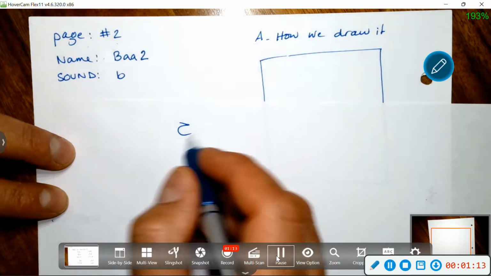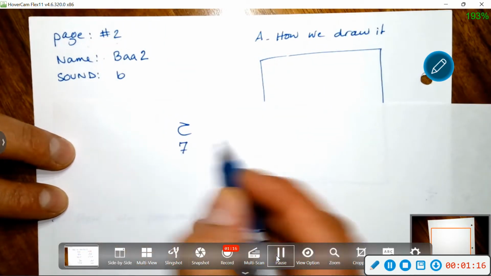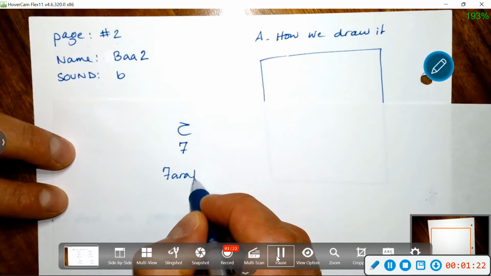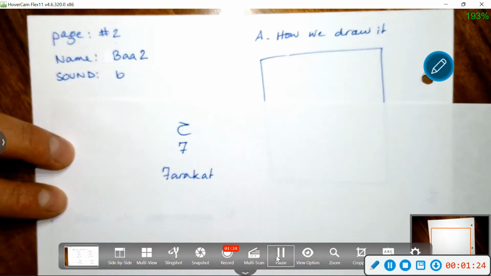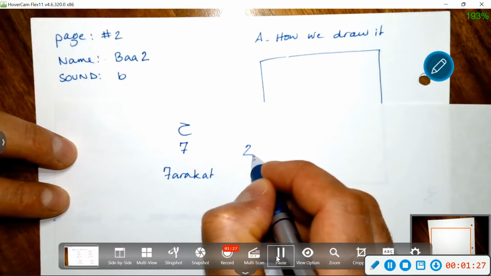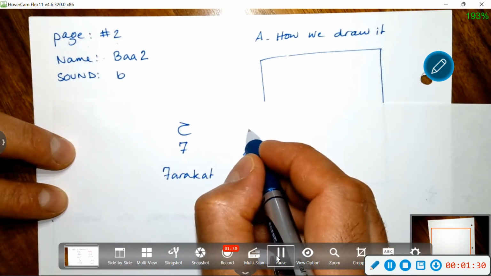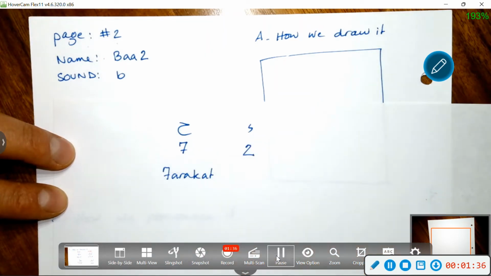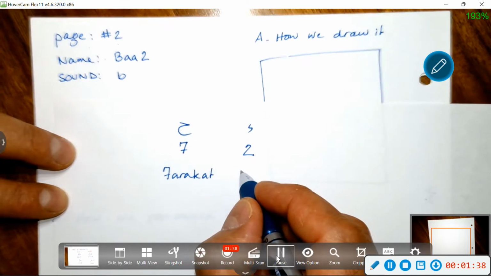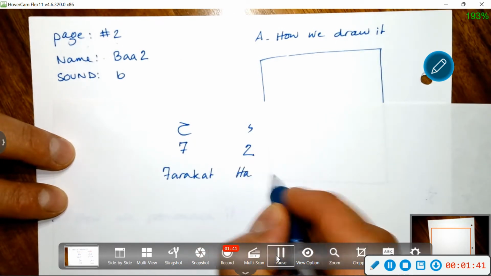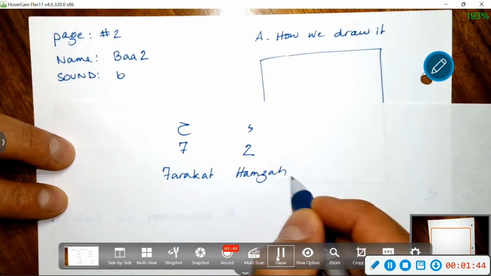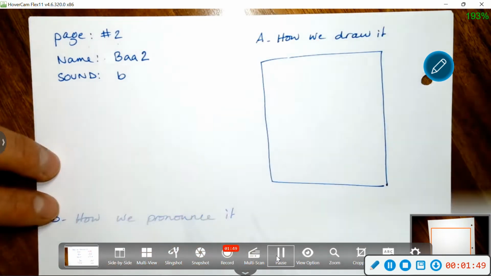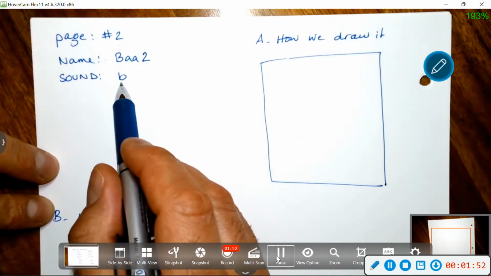We're going to use number 7 for the letter Ha, as in harakat, and we're going to use number 2 to indicate the letter Hamza, the sound A, which we don't have an equivalent for in English. So we're going to say Ba, and the sound is Ba.